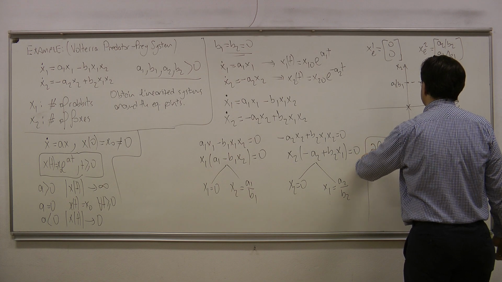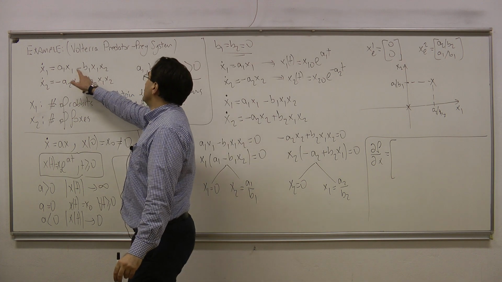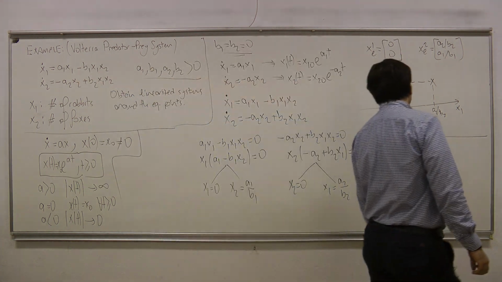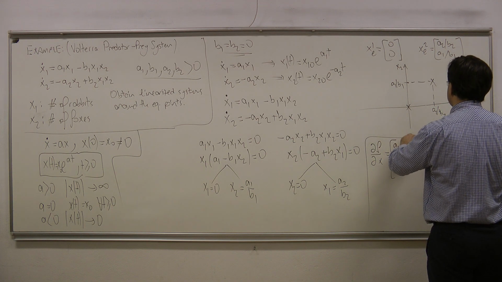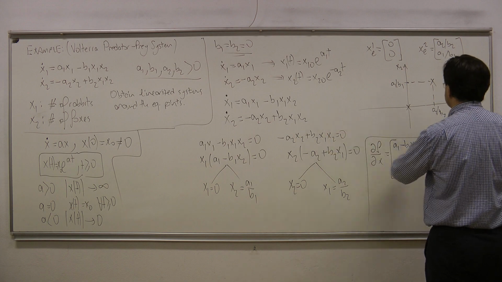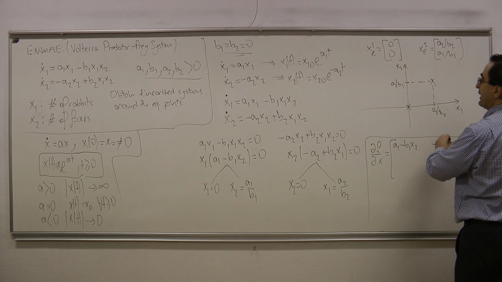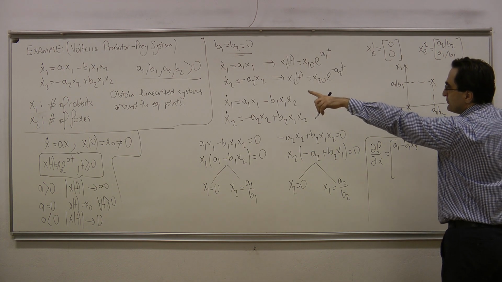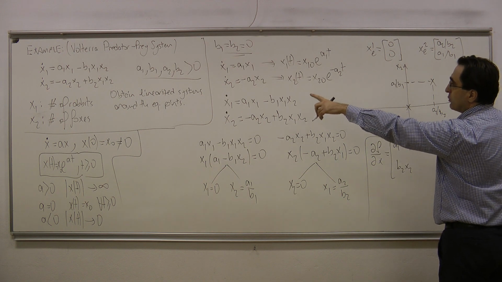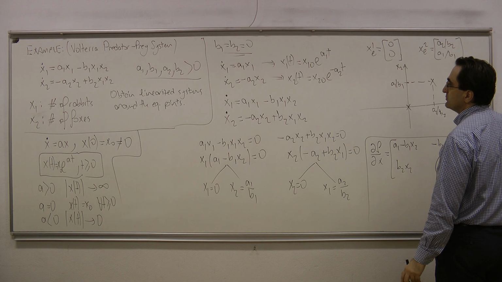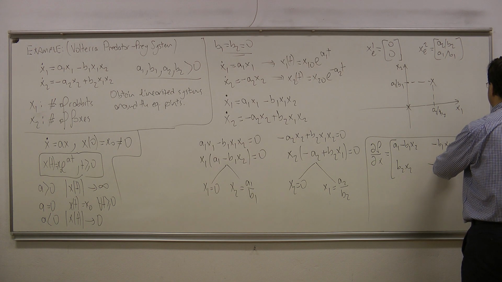So del f over del x is going to be derivative of the first function with respect to x1, and that would be a1 minus b1 x2, and derivative of that function with respect to x2, minus b1 x1. Derivative of the second function with respect to x1, b2 x2. Derivative of the second function with respect to x2, minus a2 plus b2 x1.